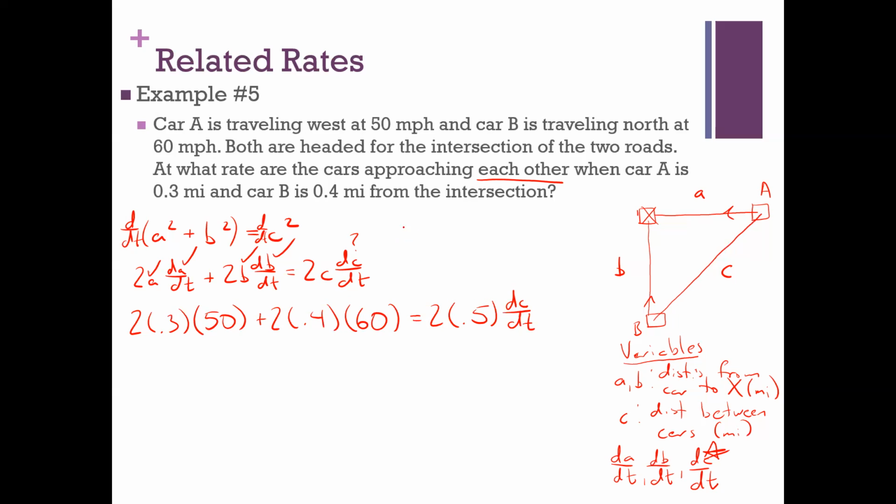Right. So Pythagorean theorem is still going to help us because if I know both the distances on the legs of this triangle, 0.3 squared plus 0.4 squared equals, I believe, 0.25, which is equal to 0.5.